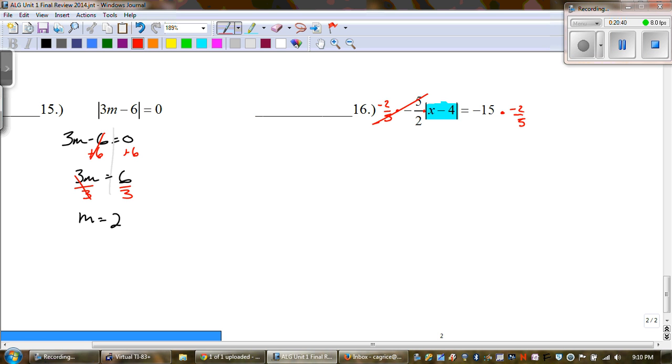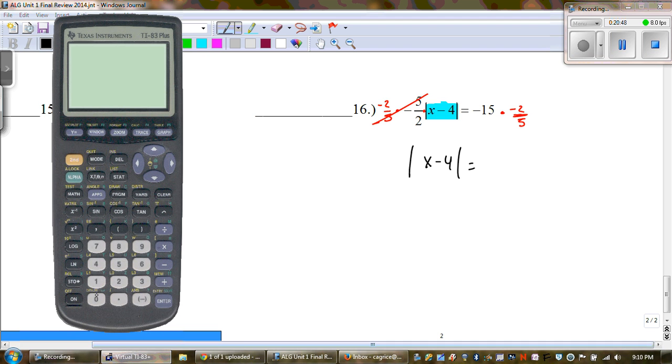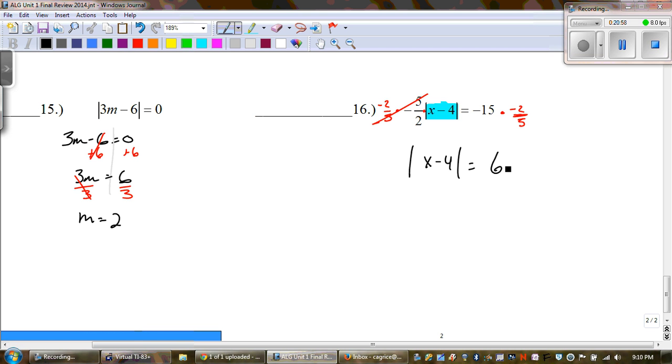So I need to multiply negative 15 by negative 2/5. And then we're left with the absolute value of x minus 4 equaling, we're doing negative 15 times negative 2 divided by 5, and we get a positive 6.